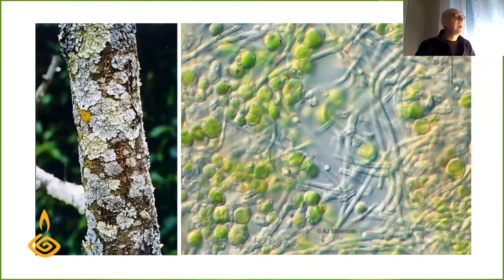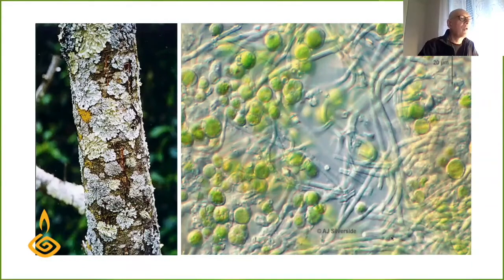And this is a slide showing how lichens can be seen on a tree trunk. This is a slide at the simple optical microscope, very rough, showing the fungal hyphae, the cells of the fungus, and the algal cells. You see the algae here, the green one.